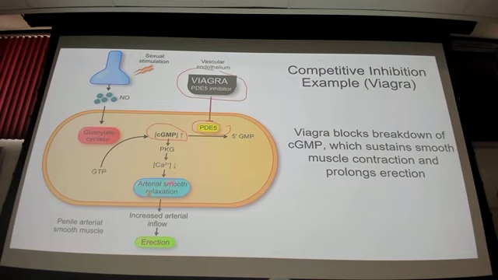So cyclic GMP is broken down by phosphodiesterase 5, and when it's broken down, the erection is lost. So what Viagra does is it competitively blocks phosphodiesterase 5 to increase the amount of cyclic GMP in the cell, which prolongs the erection. Does that make sense?